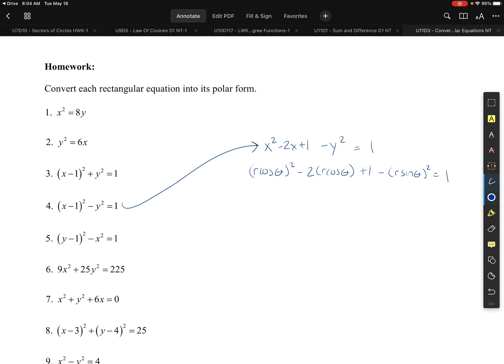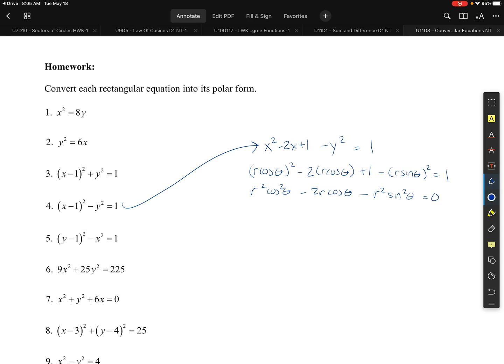Okay, so what do we got now? If I distribute, r squared cos squared theta minus 2r cos theta plus, cancel the 1, minus r squared sine squared theta equals 0 because I subtracted over.